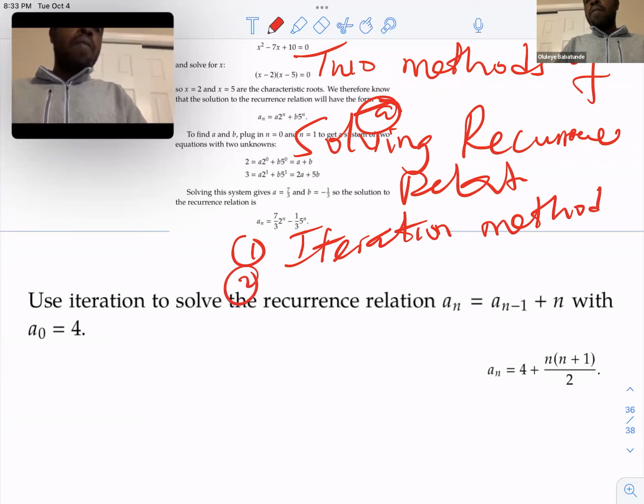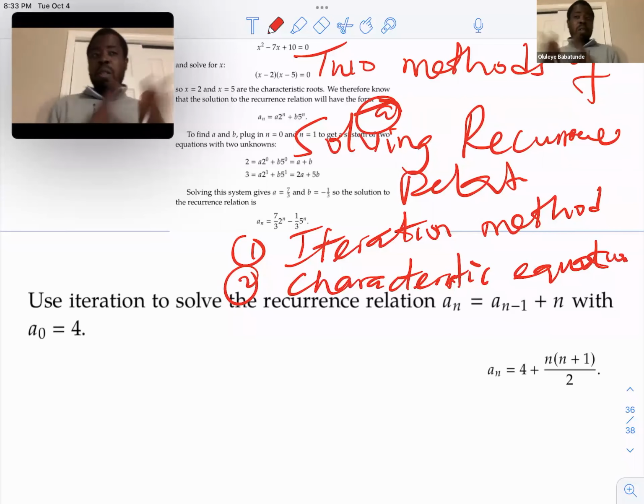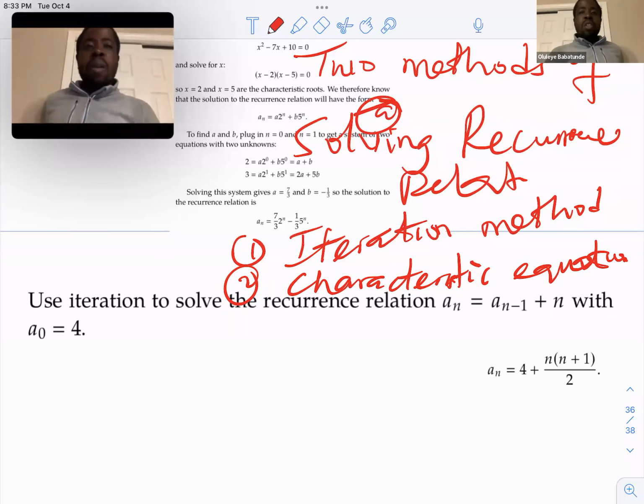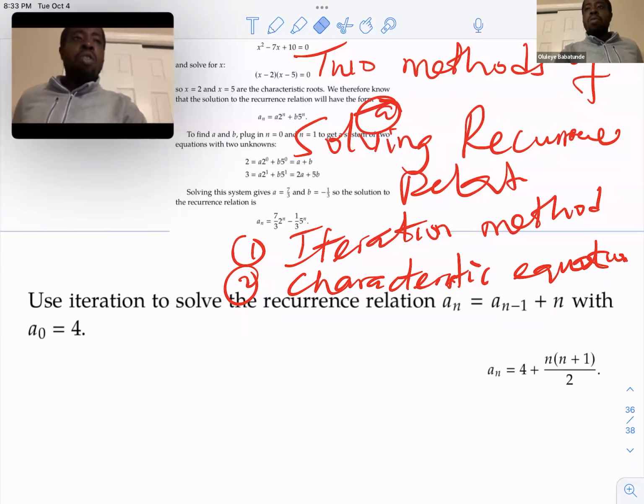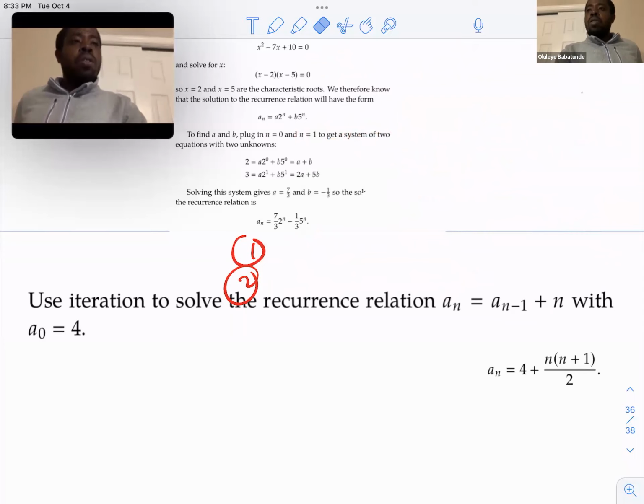Number two, you have the method of characteristic equation. These are the two methods that are most popular: iteration method and method of characteristic equation. Now I'm going to show you how to use those methods.